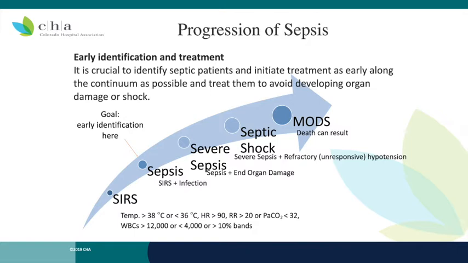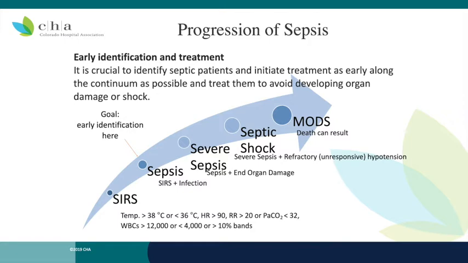We also need to have an elevated heart rate above 90. For some patients, that might be normal. An elevated respiratory rate above 20. For some patients, that might be normal. A respiratory rate of 20, 21, might be pretty insignificant for some of our chronic COPDers. And finally, the partial arterial concentration of CO2, and that is less than 32.